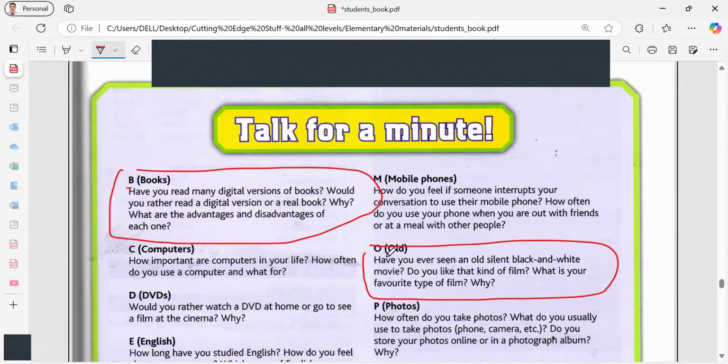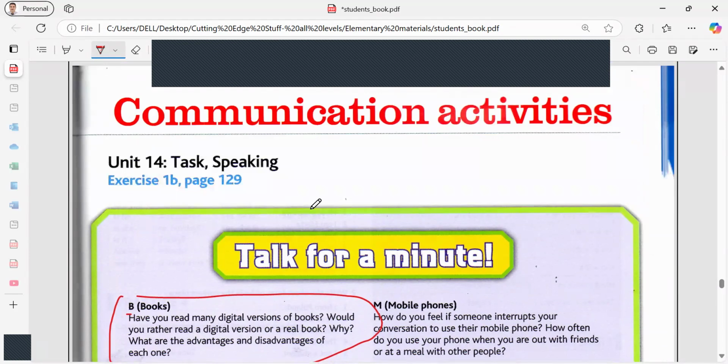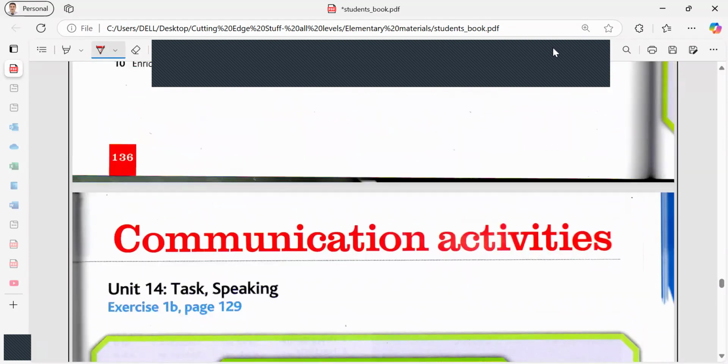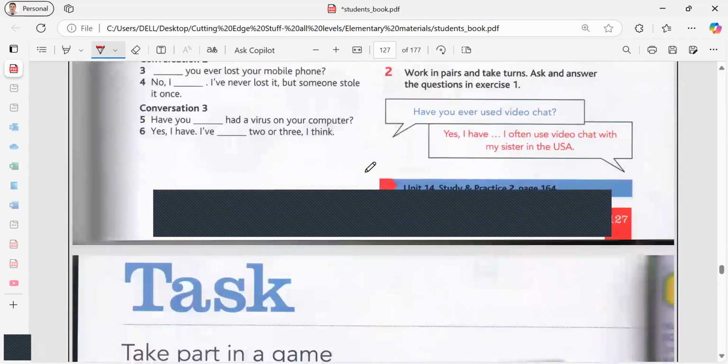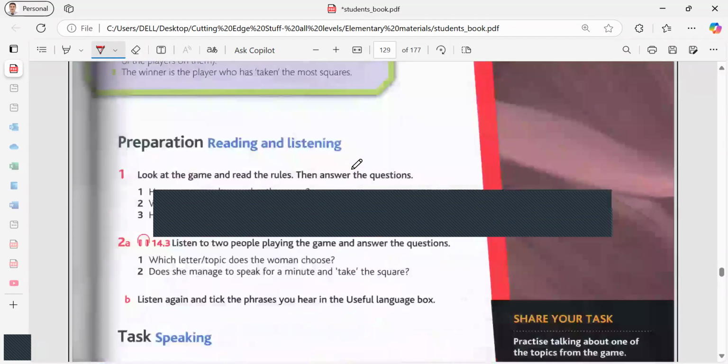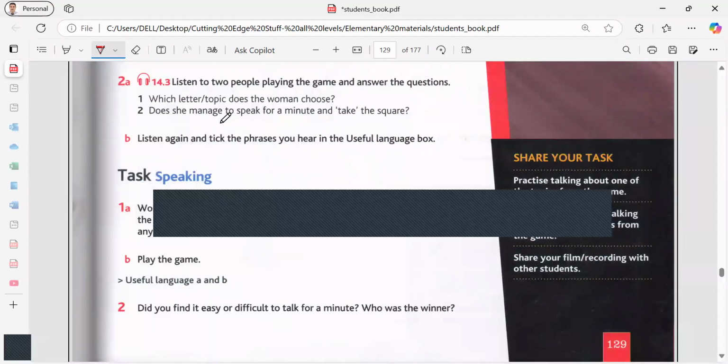So before we start playing, let's play together. Let's listen to people playing this game. Here is the speaker. Let's focus on which letter topic the woman chooses. Does she manage to speak for a minute?